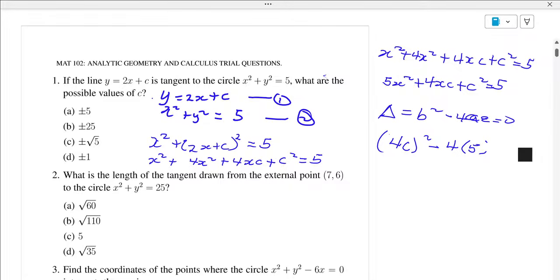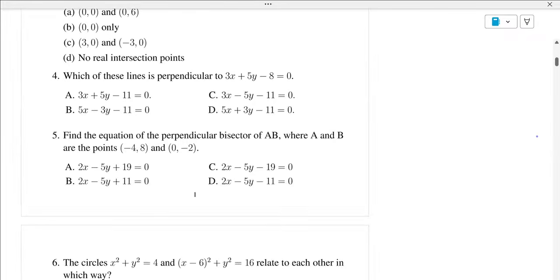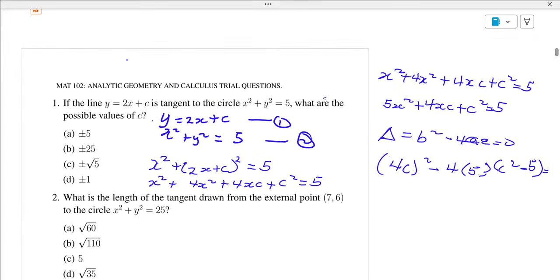So we'll have 4c squared minus 4 times 5 times c squared minus 5, and that should give us 0.